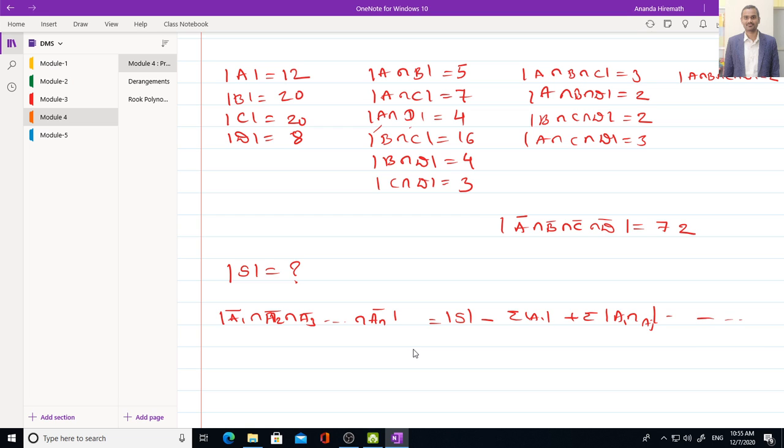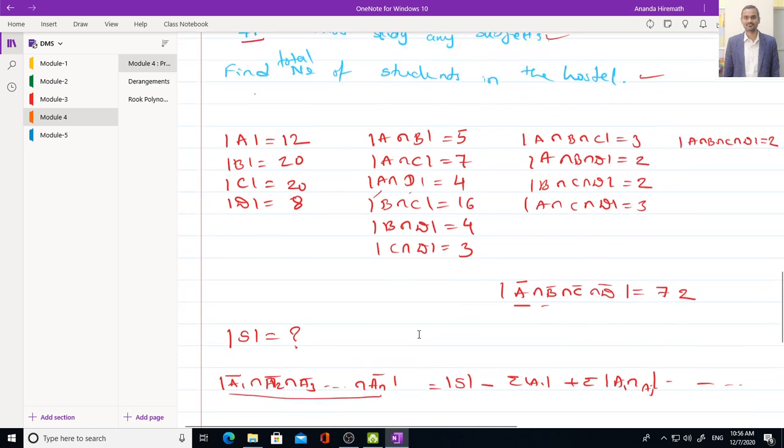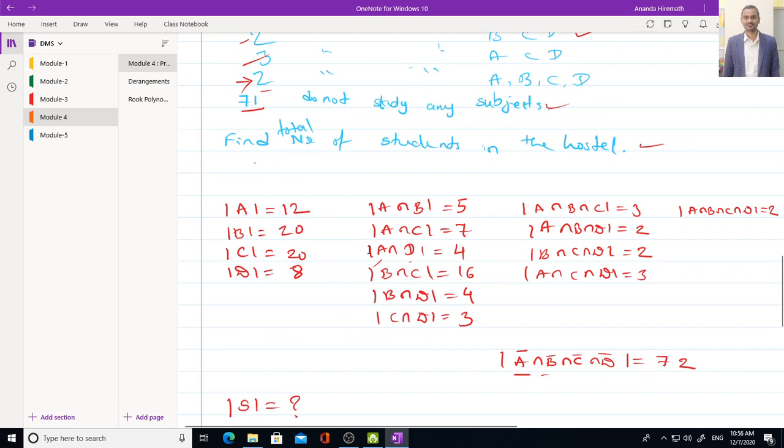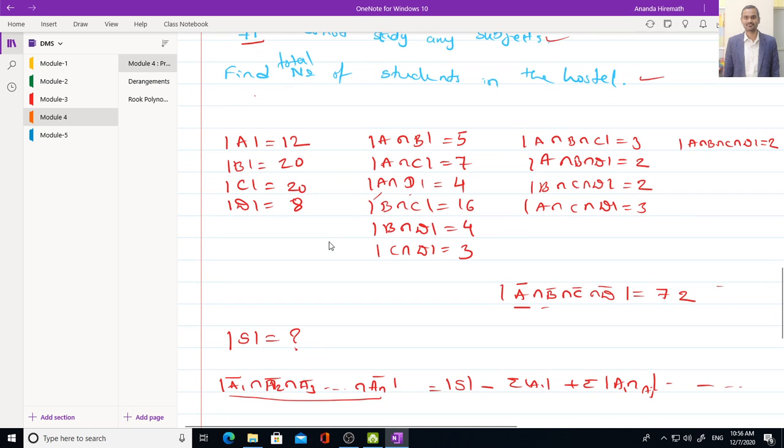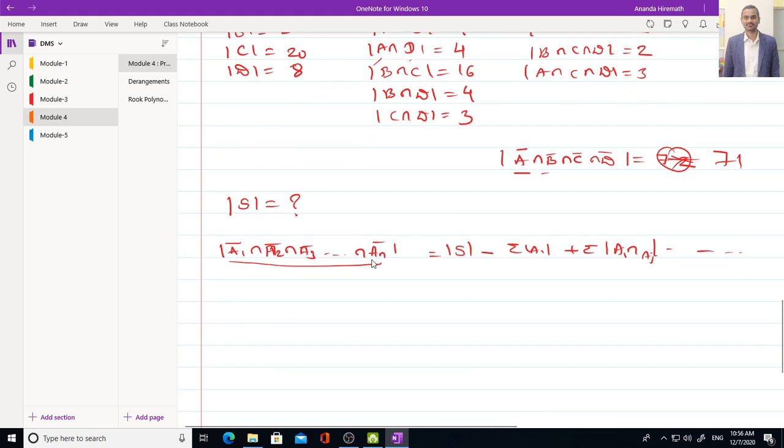So this is already given. Actually this A complement intersection B complement intersection and so on, it is 71 not 72, so it is 71. Okay, so this is nothing but four subjects, and that is A intersection B intersection C intersection D.